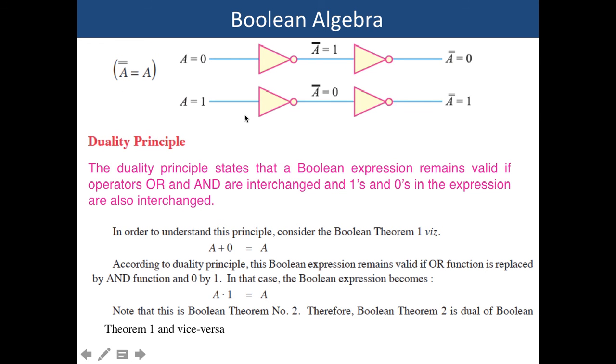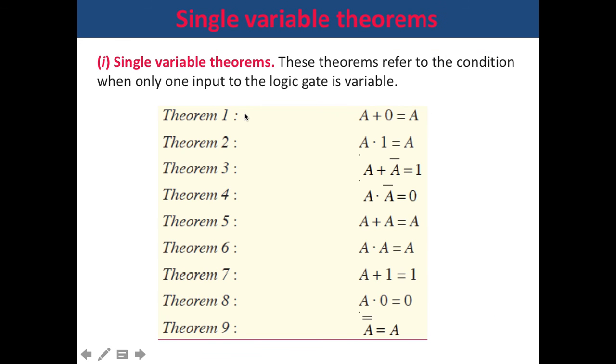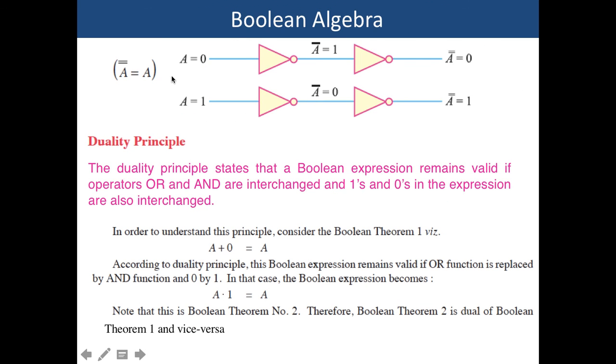This is I think ninth theorem. So A double bar is equal to A. And double bar means 2 times NOT gate. If you take A is equal to 0, A bar is equal to 1. Here is the NOT gate.